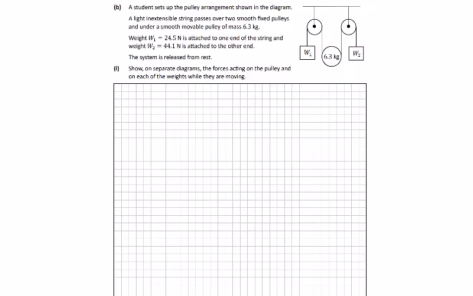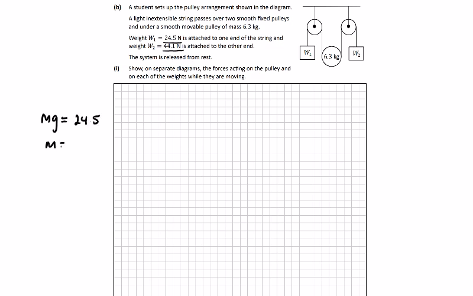Part 2 of question 2, we have a student and a pulley experiment or arrangement. So we have 2 weights, they're given in terms of newtons. So mg for the first one is going to be 24.5.